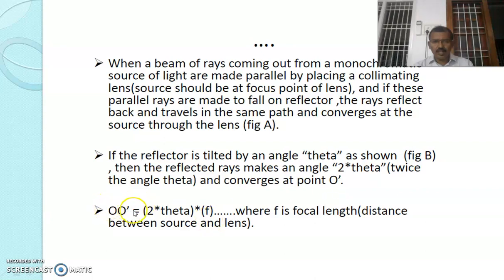So O dash equals 2 into theta into f, where f is the focal length, the distance between source and lens.